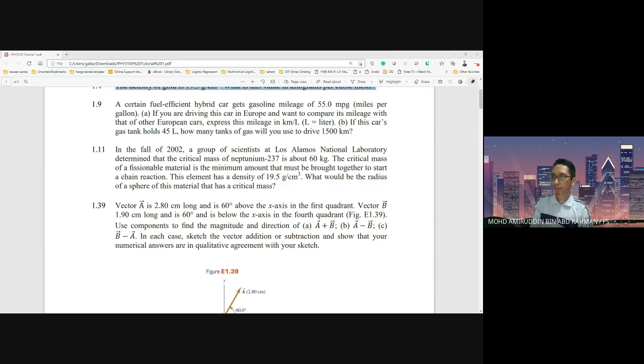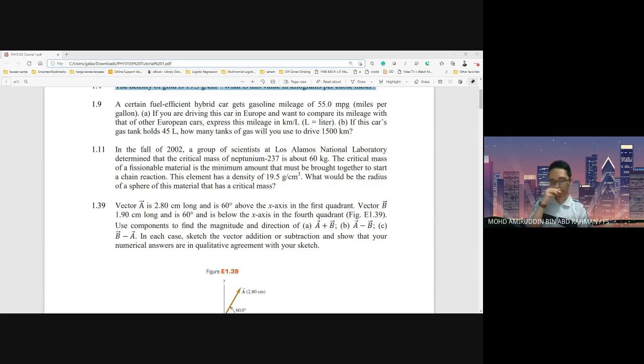This element has a density of 19.5 grams per cm cubed. What would be the radius of a sphere of this material that has a critical mass? This question looks a little bit tricky.